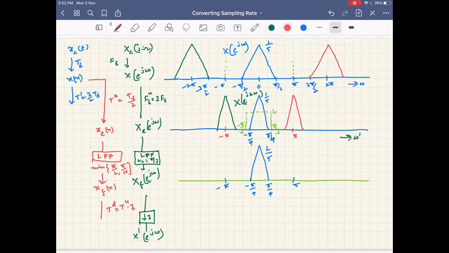Similarly, we should get x dash of n. This operation you can also represent explicitly, as upsampling by 2 followed by downsampling by 3. Now we will sketch this to complete this discussion.